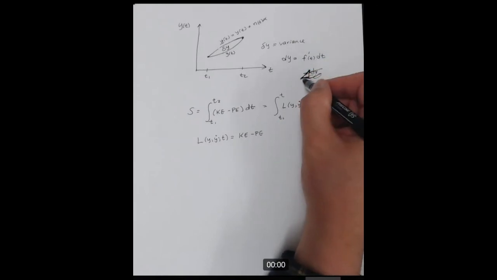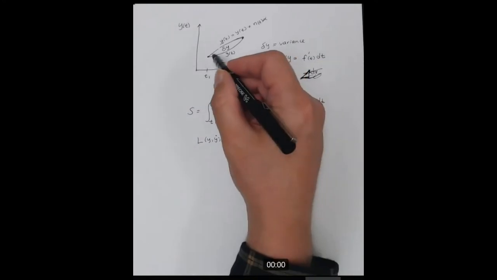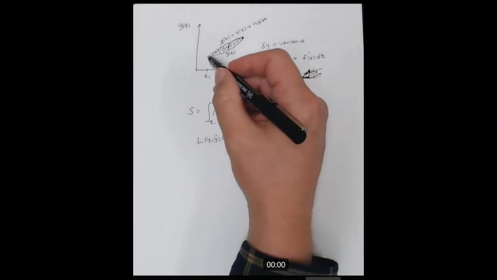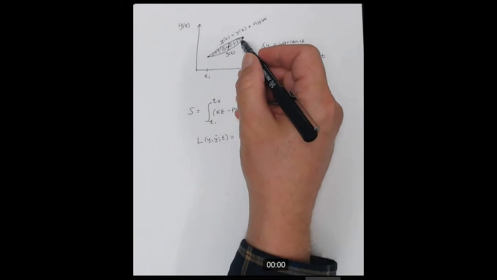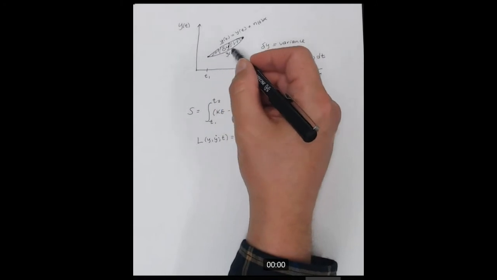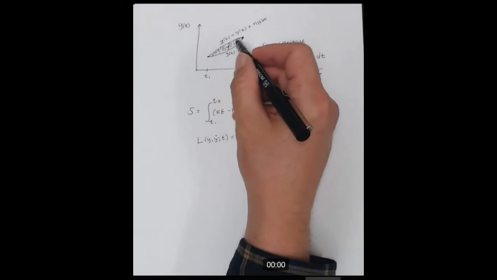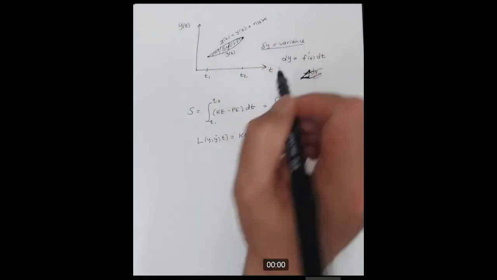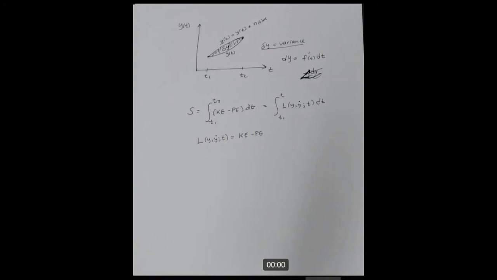So you start at t1, you go up linearly. Here, this is really the area under this whole curve here. So the area that designates from the true path, your imagined path here. So this is what we call the variance. So pretty soon I'm going to use that notation. I want you to understand what I'm talking about.